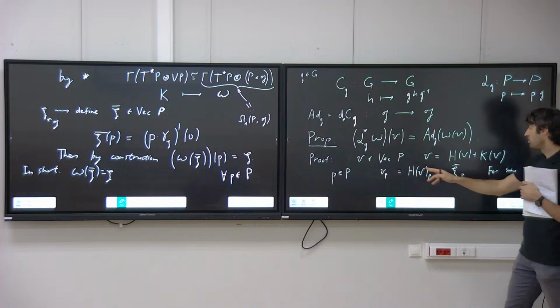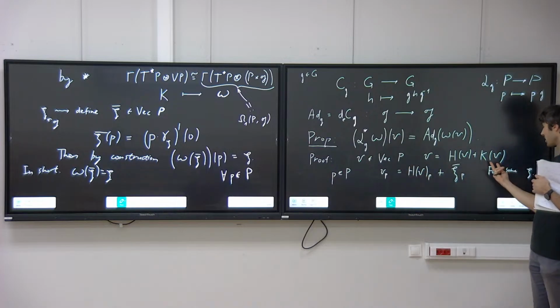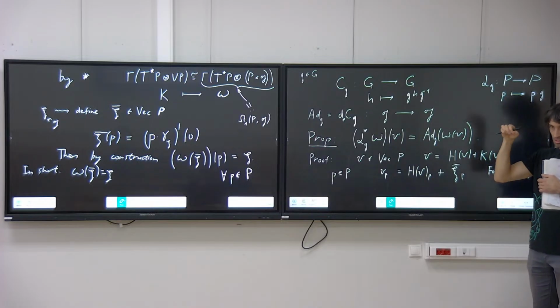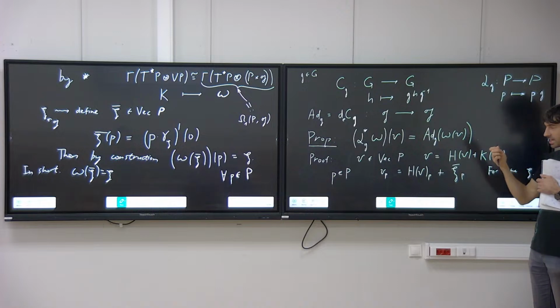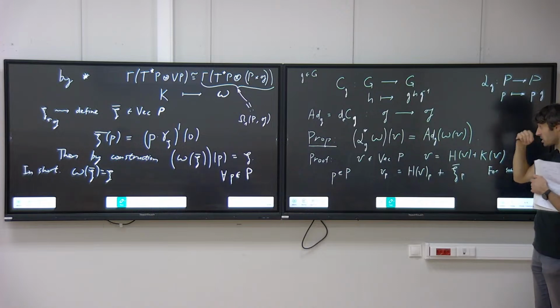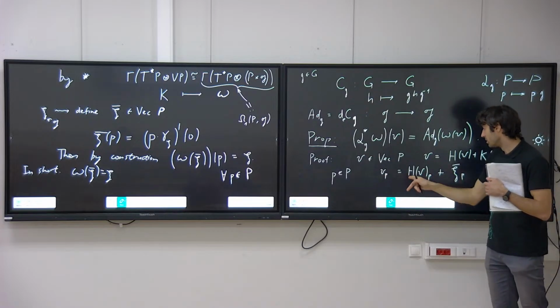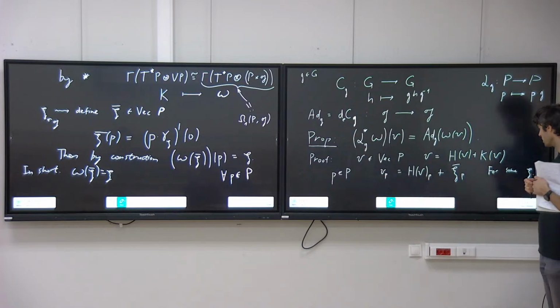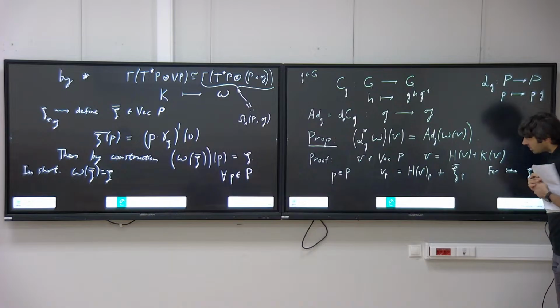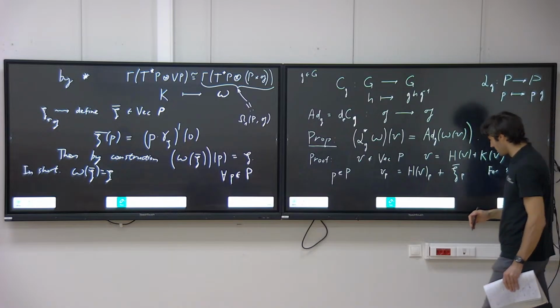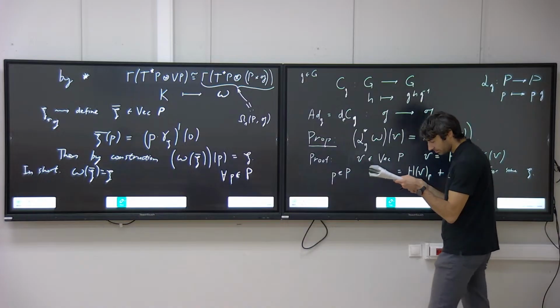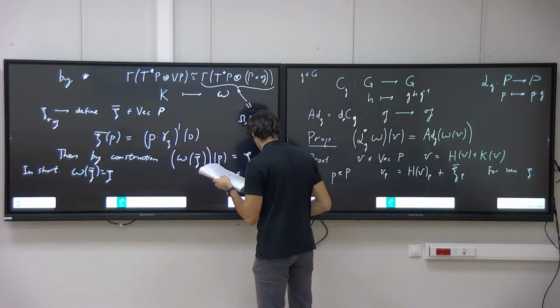I'm not saying that any vertical vector field is Xi bar. I'm fixing a point, and at that point I can find Xi such that the corresponding tangent vector coincides with the vertical component of V at this point.